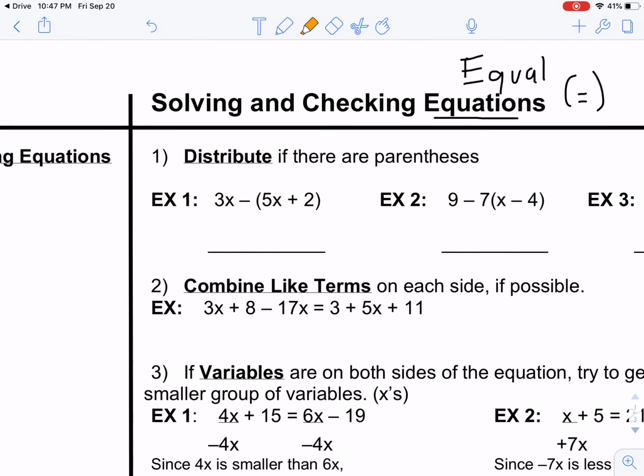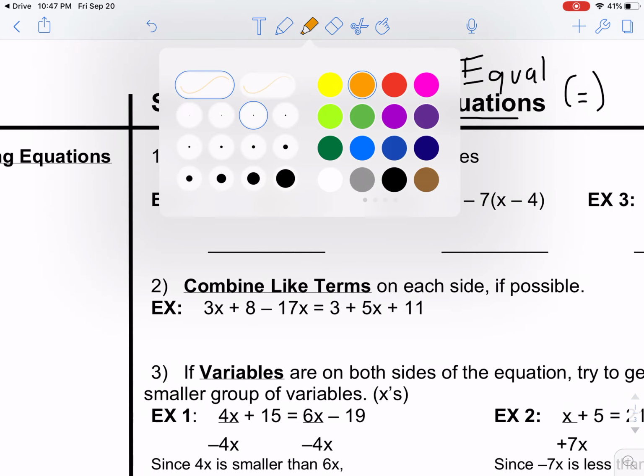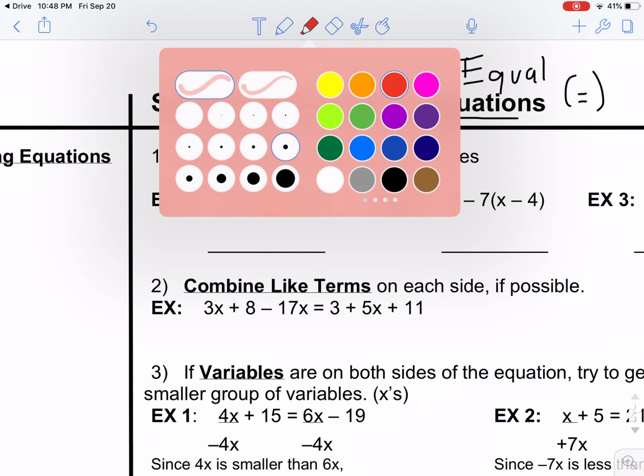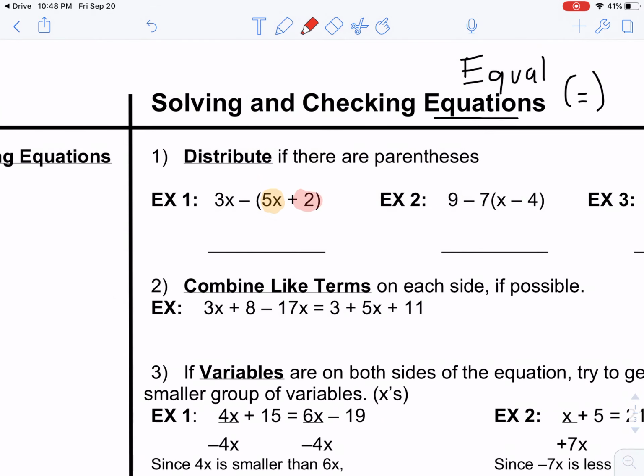So I'm going to show you what a term is right now. Here's a term. Okay, and terms are separated by a plus or minus sign.